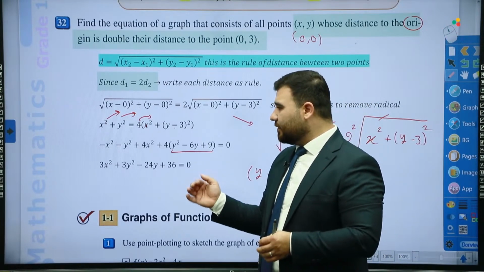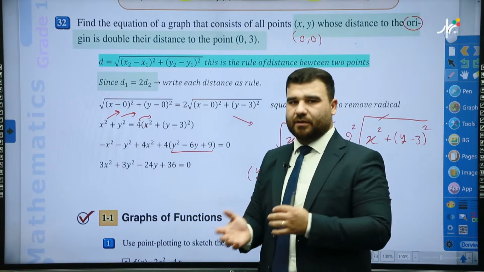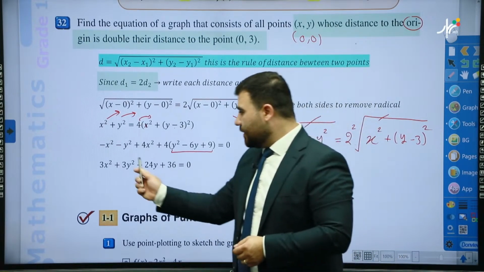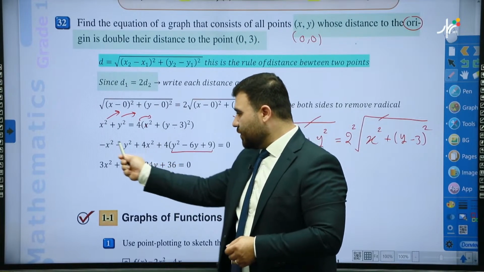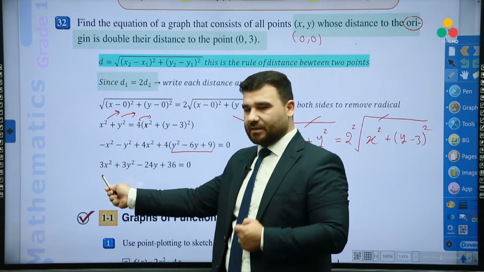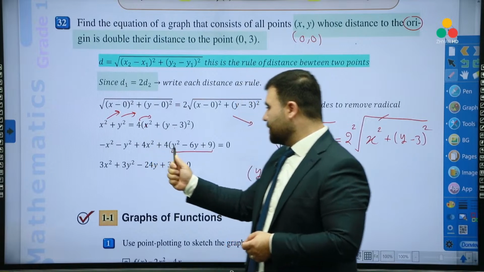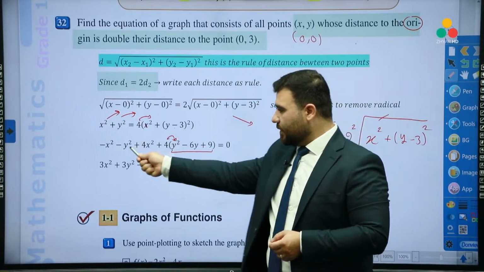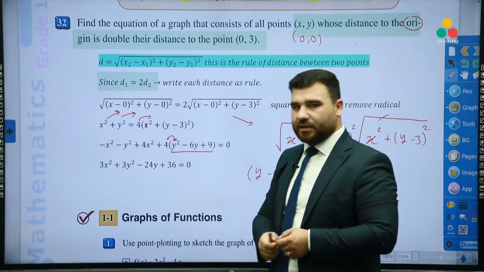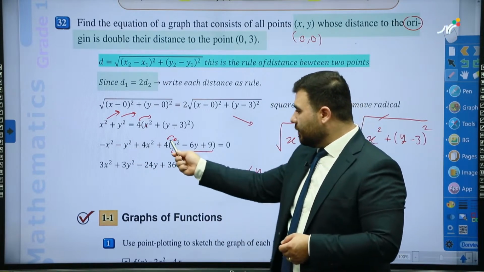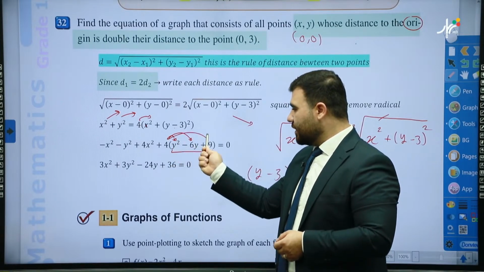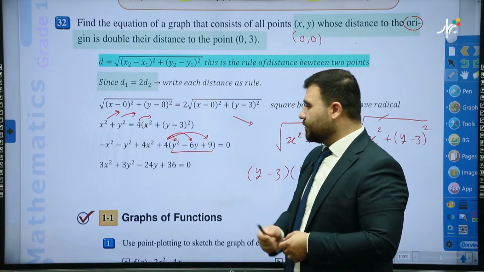Now I'll simplify x squares together, y squares together, and numbers together. 4x squared with negative x squared will be 3x squared. 4y squared with negative y squared will be 3y squared. 4 times negative 6 is negative 24. 4 times 9 is 36, equal to 0.